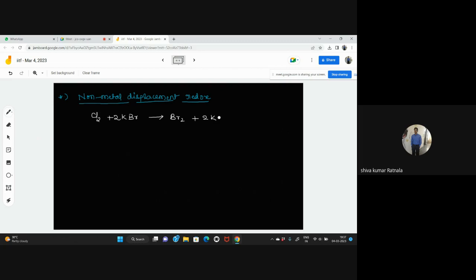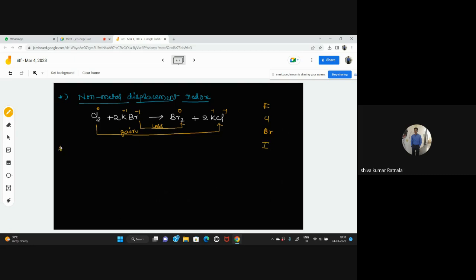Now see the oxidation states: 0, +1, -1, 0, +1, -1. Chlorine goes from 0 to -1, which is a gain, and bromine goes from -1 to 0, which is a loss. So bromine is replaced. And remember, the order is fluorine, chlorine, bromine, iodine.